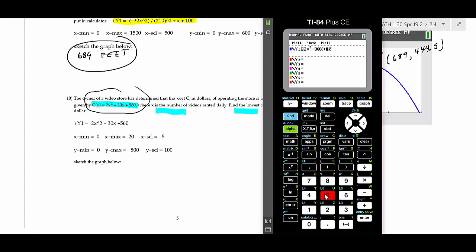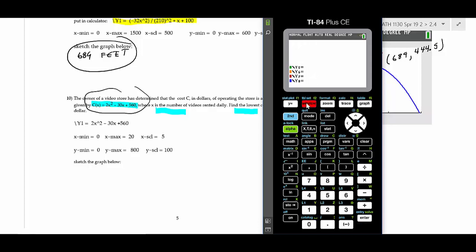I just outside of class played with it a little bit and got a window. One thing that helps me on this, and this is something you want to know, is that number right there is the y-intercept. So that means my graph has to go way up high on the y-axis. That's why I made that probably 800, so I could see that y-intercept.